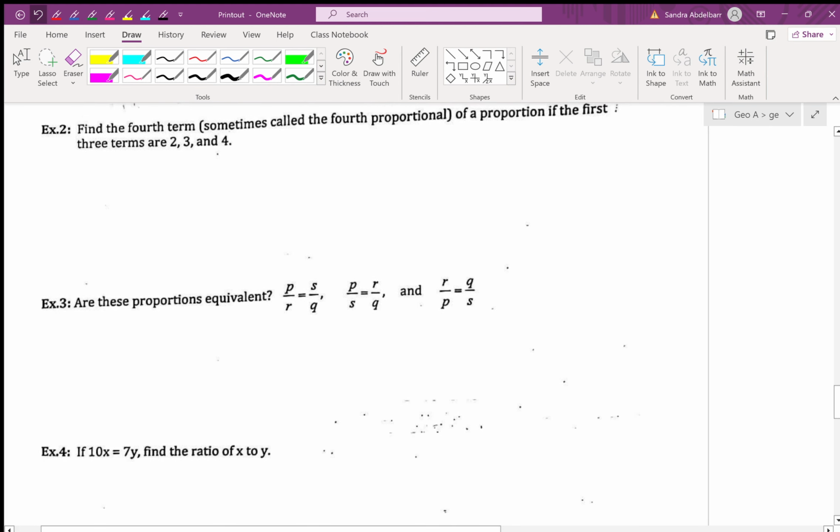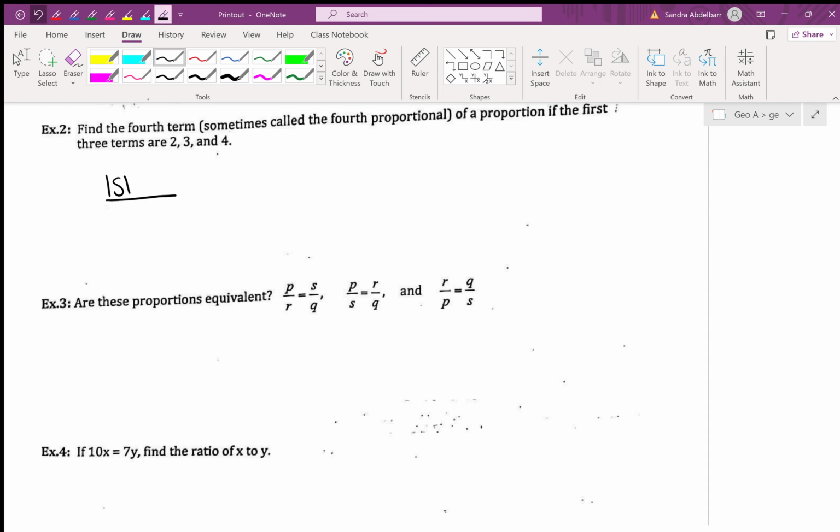Okay. Example 2. Find the fourth term, sometimes called the fourth proportional. So fourth term, fourth proportional means the same thing. If the first 3 terms are 2, 3, and 4. So if you all remember, we talked about this.